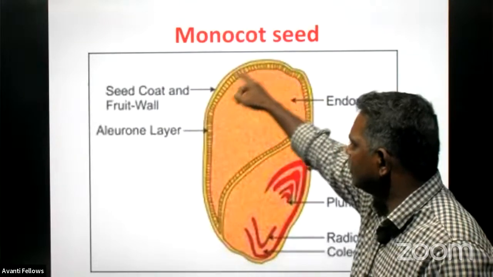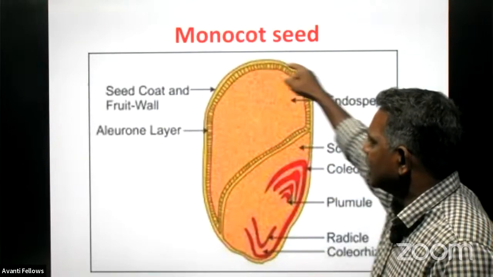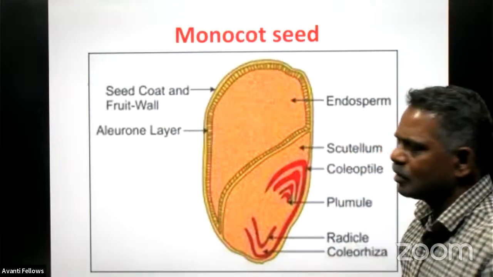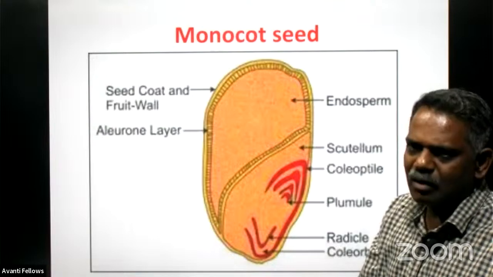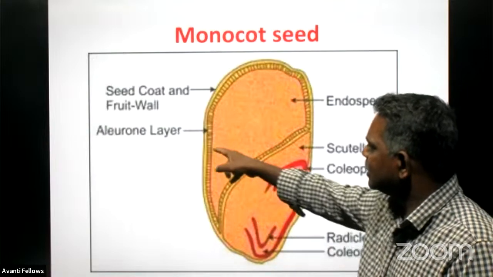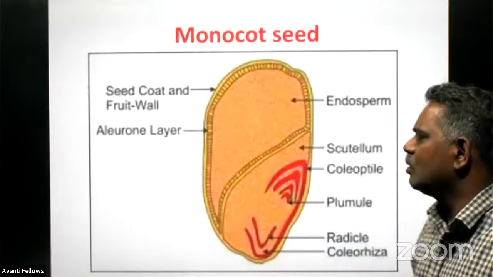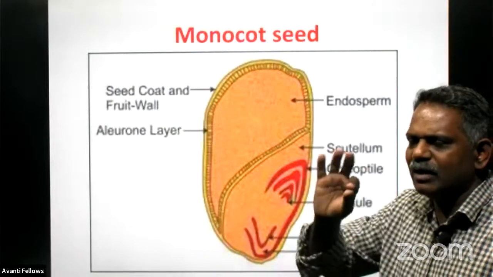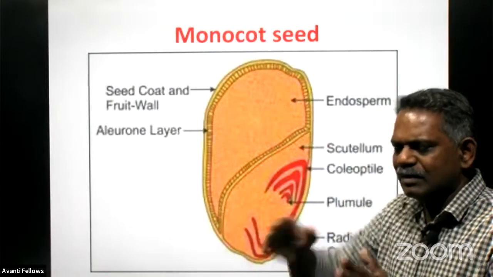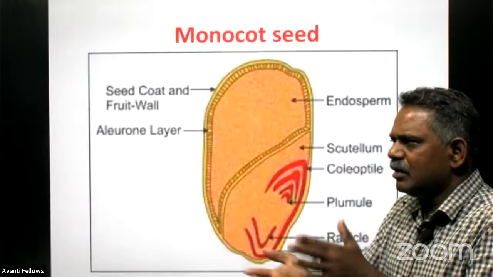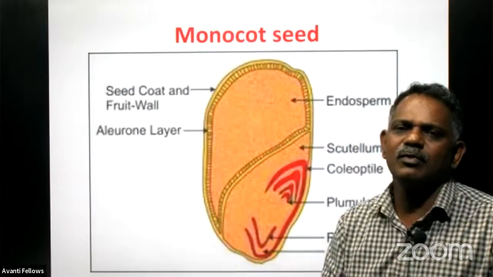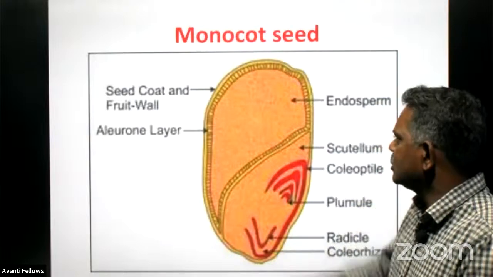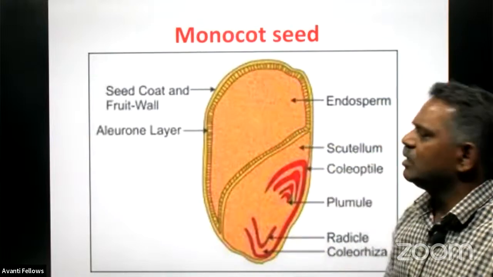And the seed is covered with a cover, we call it the seed coat. For example, in rice, you can find a brown colored seed coat, and inside there is a layer called the aleurone layer. In rice, you may find a brown thin layer just inside the seed coat, and we call it the aleurone layer. It is full of vitamins, and there is a lot of food material stored in the endosperm.